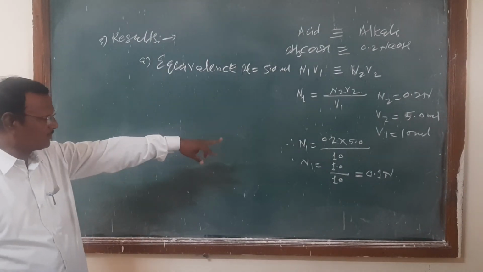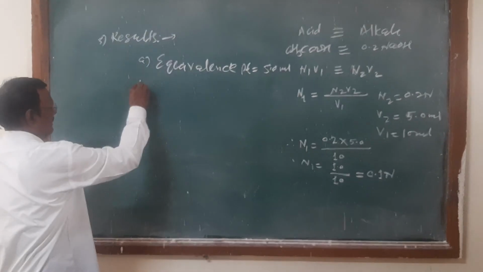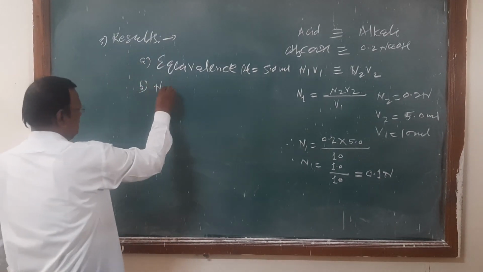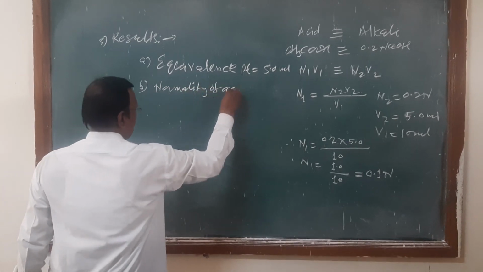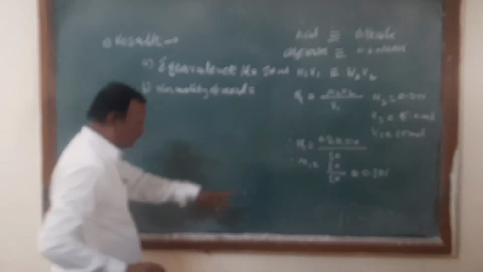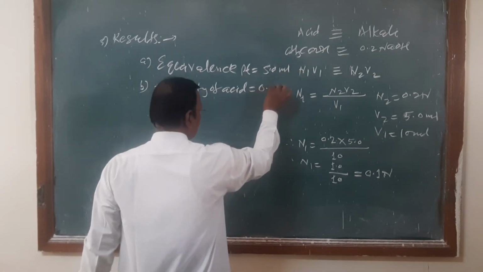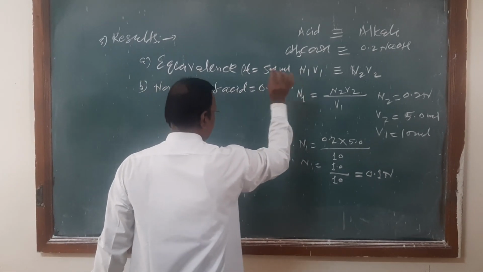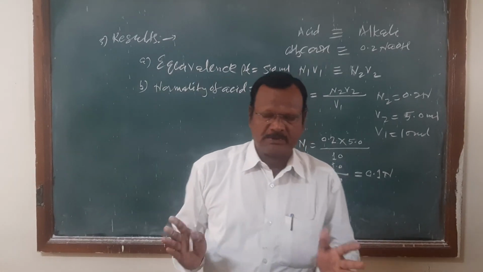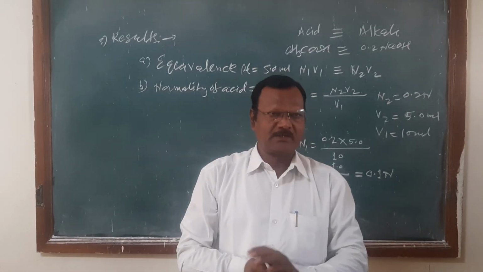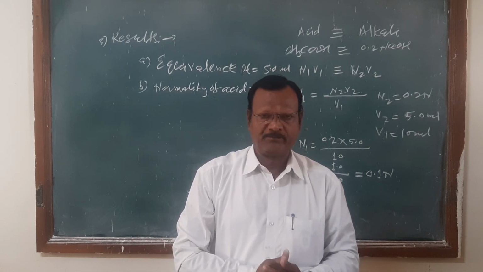We already know this value, and we take it for the calculations. Then the second part, the normality of the acid, we calculate, and it will be 0.1 normal. Just remember this simple titration, which depends upon conductometry.